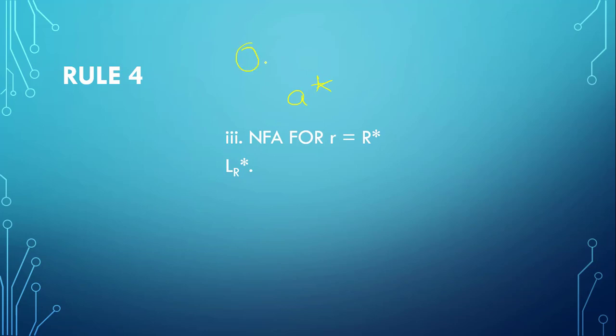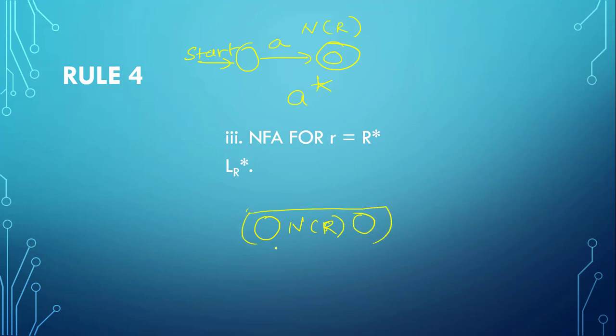Here we already have the regular expression A converted into an NFA as a start state and final state connected over A. This is nothing but N of R. So here we will draw N of R and then add two states, a start state and a final state, at the beginning and the end of our N of R. Then we will connect from the new start state to the first state of N of R with epsilon. Then N of R's last state will get connected to the final state over epsilon.